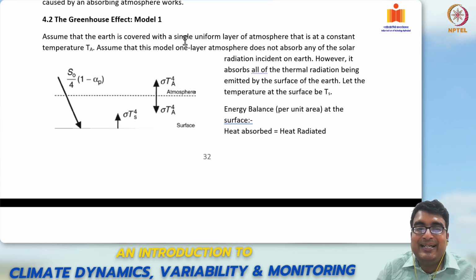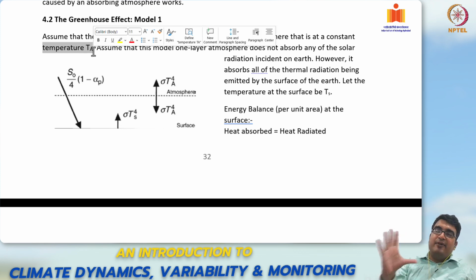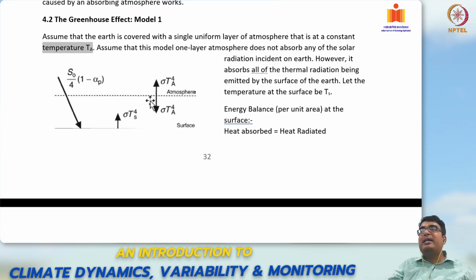Okay. So, we can have a very simple model where we consider a single uniform layer of atmosphere that is at a constant average temperature Ta. So, we can average out the atmospheric temperature and say it is at a mean temperature Ta, and we have a single isothermal atmospheric layer. Okay, so this is a very drastic simplification.